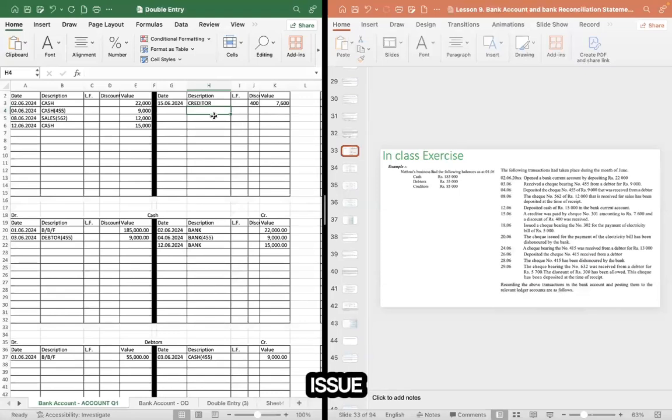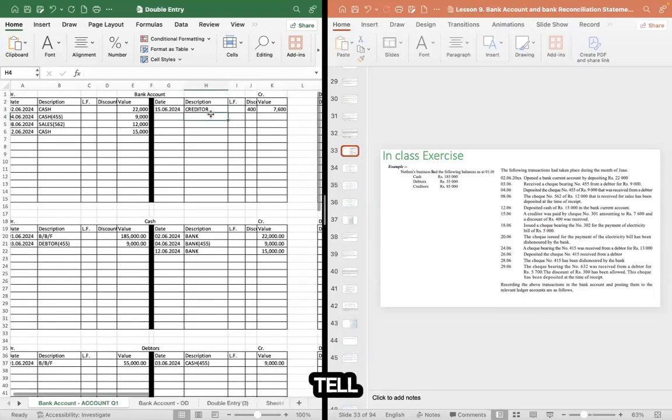So once we issue the check, what is happening to bank account? Tell me quickly. You guys were correct earlier. What is happening to bank account when we issue the check? It is decreasing. Bank account decreased by 5,000.